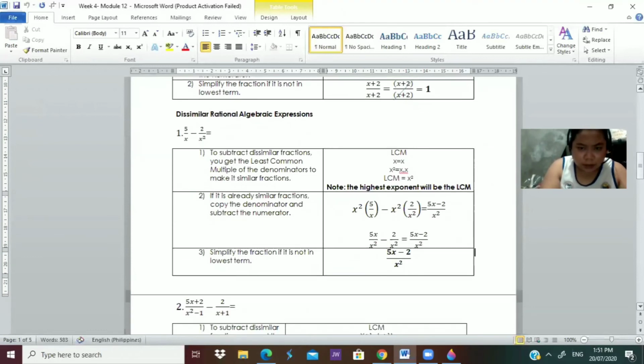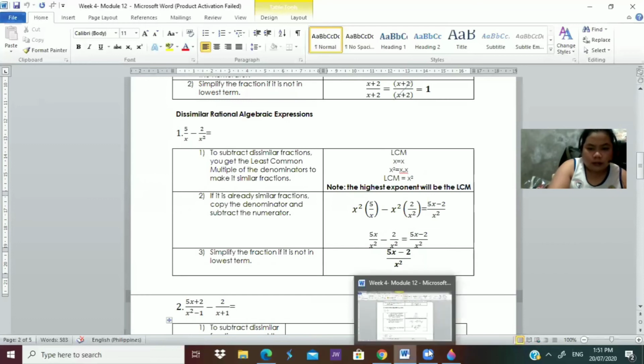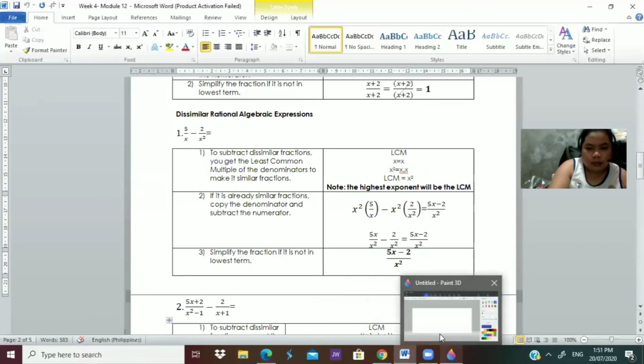Ito. Ma'am, hindi mo naman po in-apply yung sa subtraction. Siya na ba yan? 5x minus 2. Okay. So, balikan ko lang.